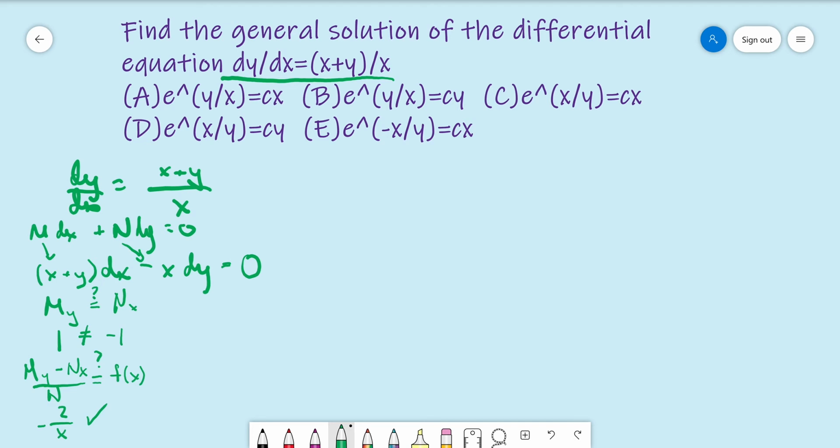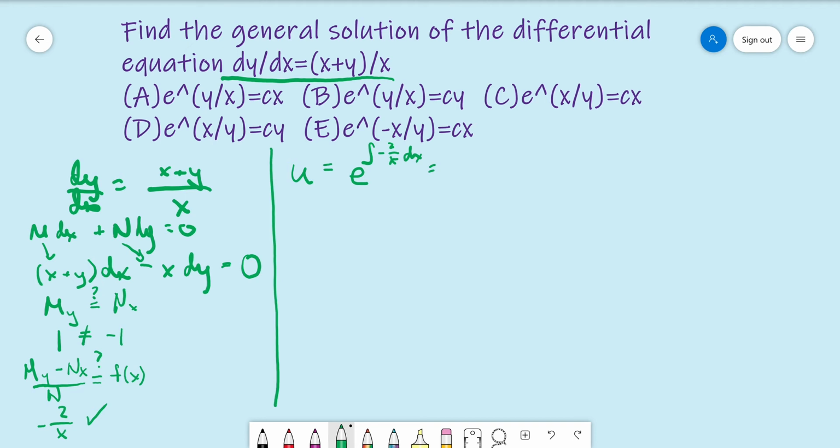And so our integrating factor is going to be e to the integral of this -2 over x, what we called f, with respect to x.